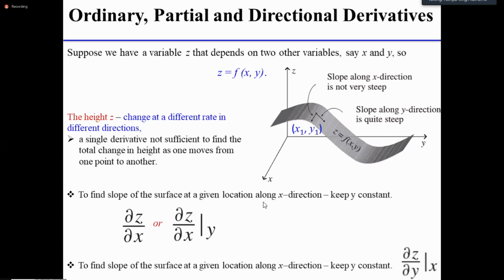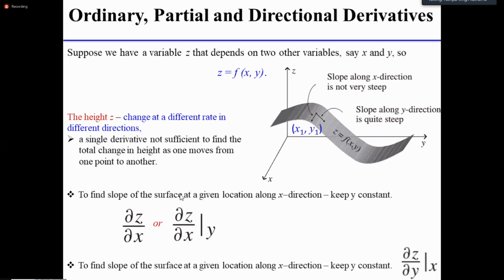Similarly, when you define the rate of change along y, you should have x fixed. Such slopes can be given with del z over del x, or we also represent it as del z over del x with y kept constant. This subscript y says that it is kept constant when you take the derivative.